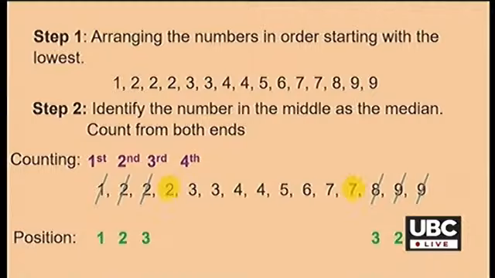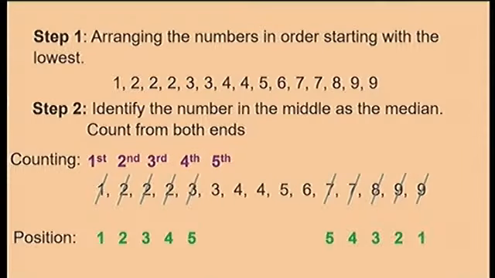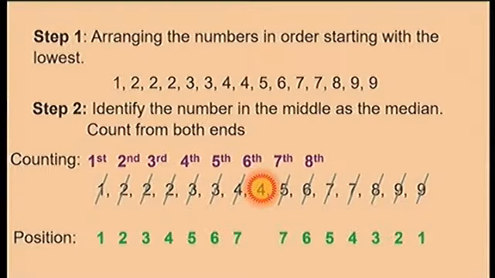We get the third and fourth position, as you can see on the screen. From either side, the 7 is in the fourth position. Again, the 7 is in the 6th position. From the lowest side, the 3 is in the 5th position. The 4 is in the 6th position.